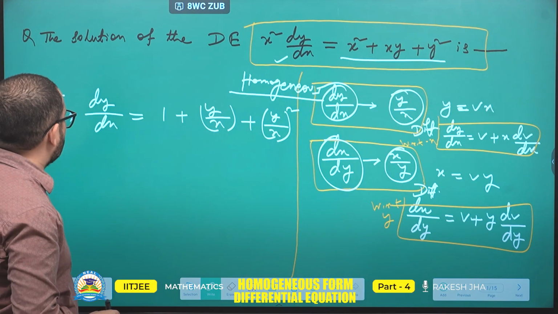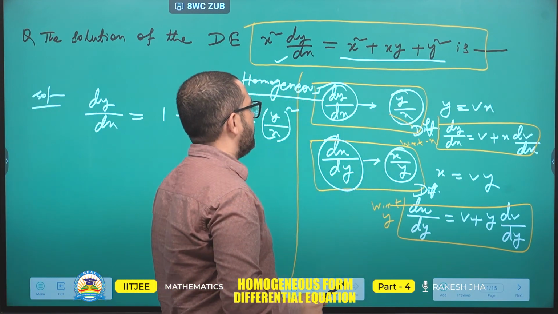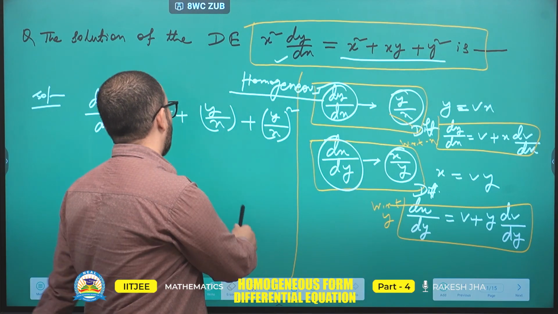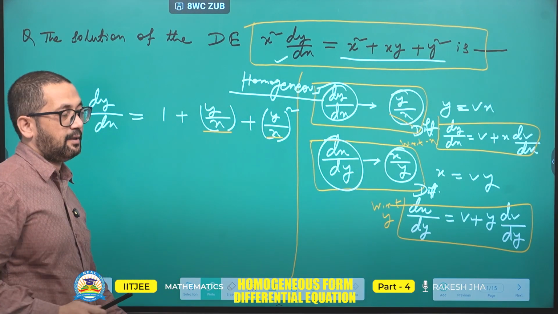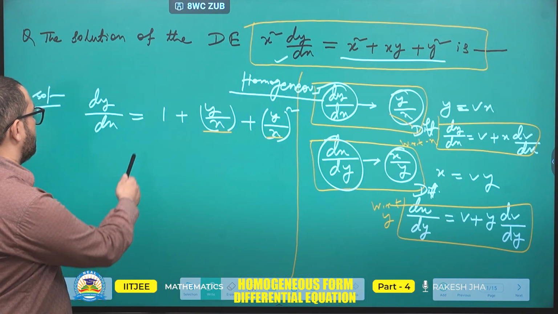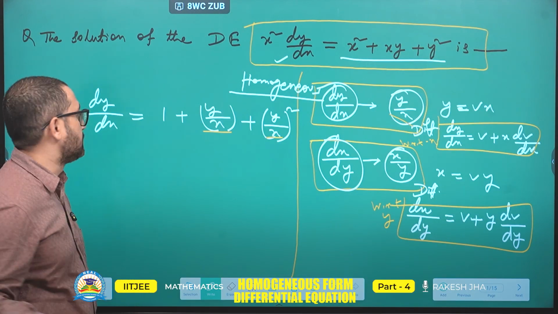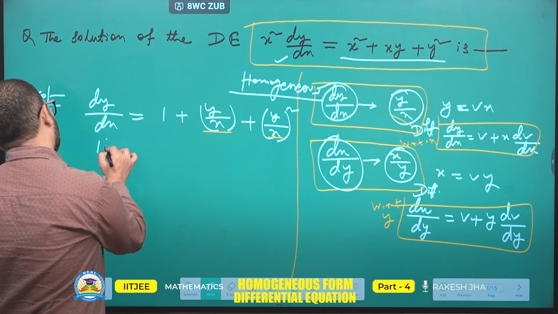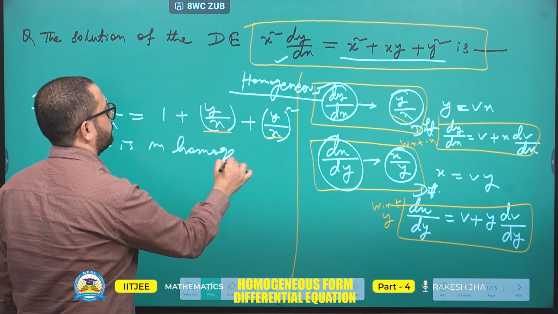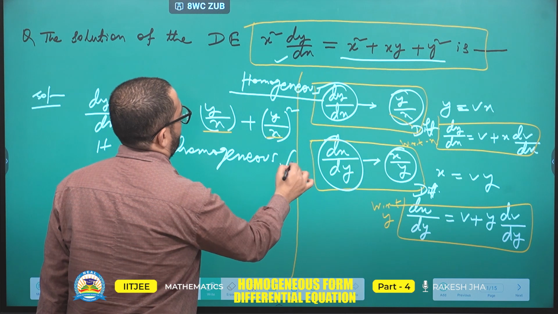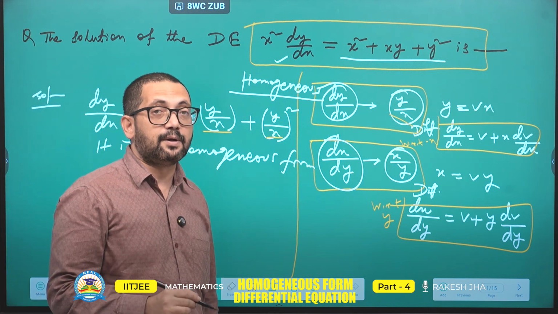Now this is in the same form I was just telling you. dy by dx is in the form of y by x. Here this is y by x, this is y by x whole square, and 1 is just a constant, so a constant doesn't make any difference. So it is in homogeneous form. So what is to be done here?